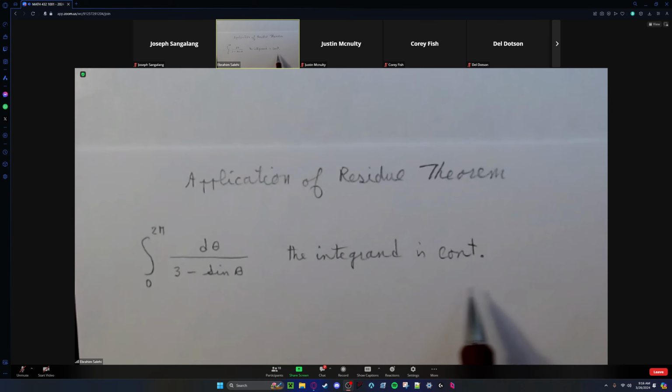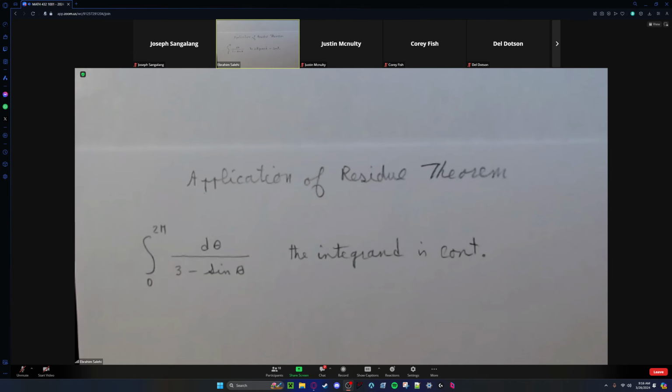The only thing that we could say, okay, yeah, this creates a number. But what is that number? Oh, we couldn't compute. Now, here, I want to use residue theorem to compute this and find a number for it.